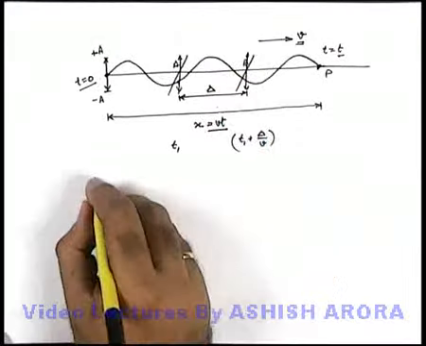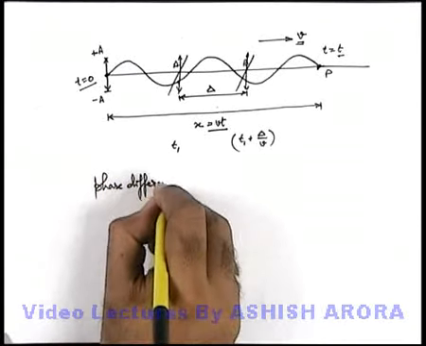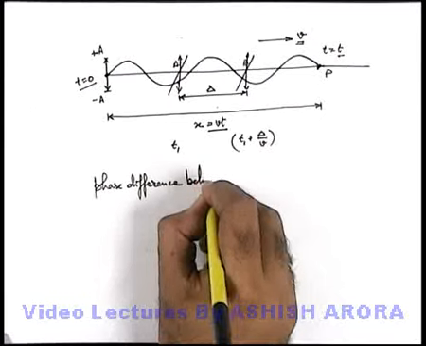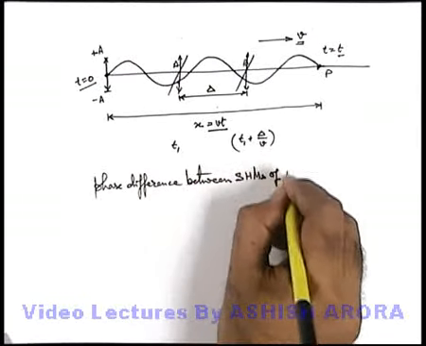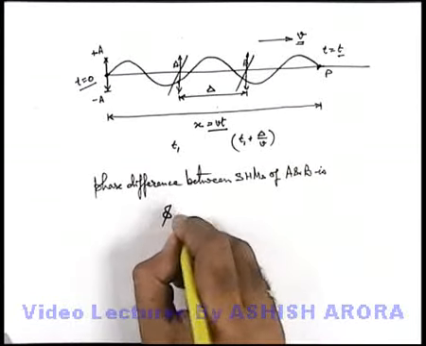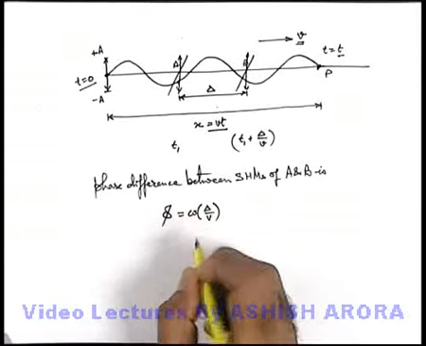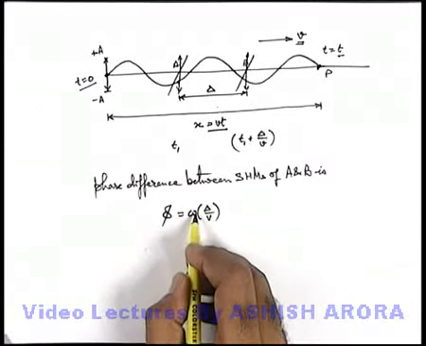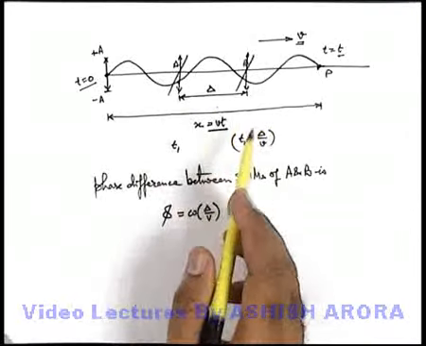That means the phase difference between the SHMs of A and B can be written as omega into delta by v, because omega is the angular frequency of the SHM and delta by v is the time lag between the two.